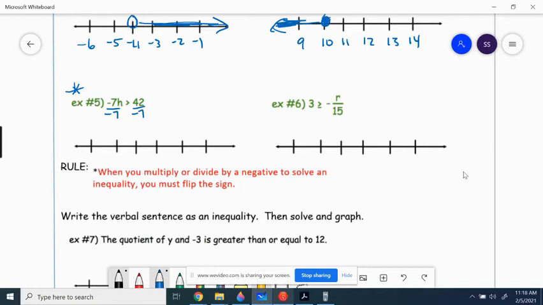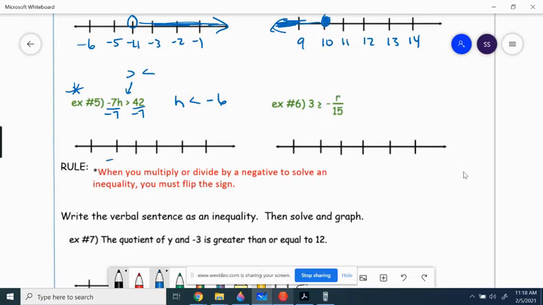Okay, so if I divide by negative 7 on both sides here, I'm left with a positive 1h. And 42 divided by negative 7 is negative 6. But it's very important. We started with a greater than symbol. We need to turn this around. We need to flip it and make it a less than symbol. All right, really important that you remember that. All right, so now we have h is less than negative 6.